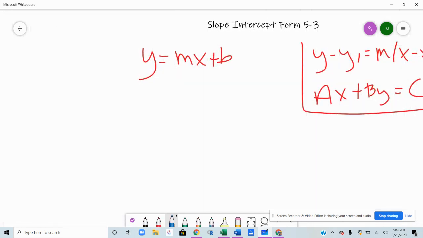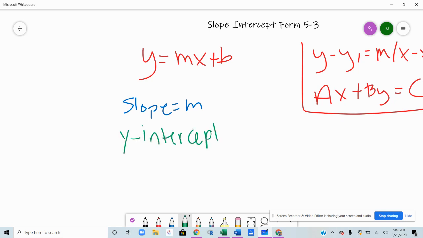Slope-intercept form is called that because the equation can tell you what your slope and your y-intercept are. Your slope is m, whatever number that is. Your y-intercept is b, whatever number that is.